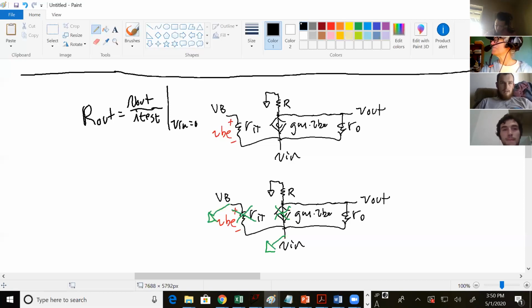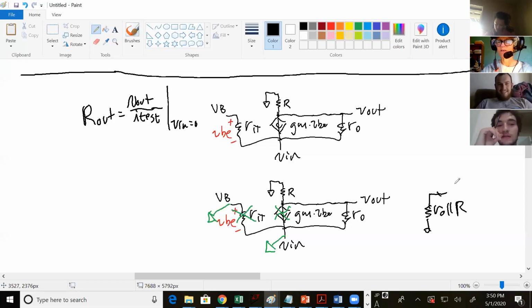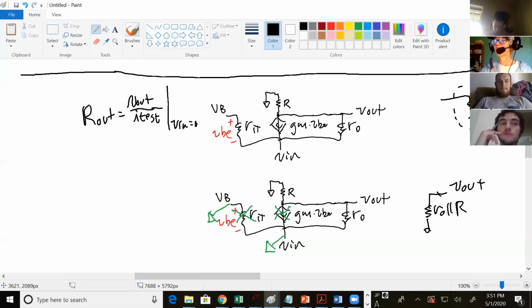I can't hear anybody, but I think I saw 2 people say put them in parallel. So what happens is you get RO parallel R. If you had a resistor, like we did in one of the earlier worksheets, to find the value of this resistor, you'd put a voltage on here, and you'd watch the current going into the black box.